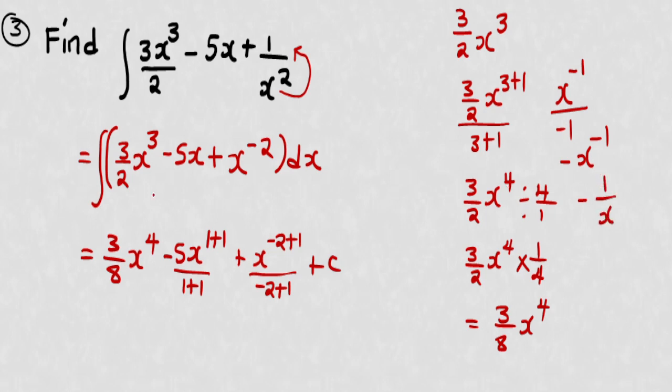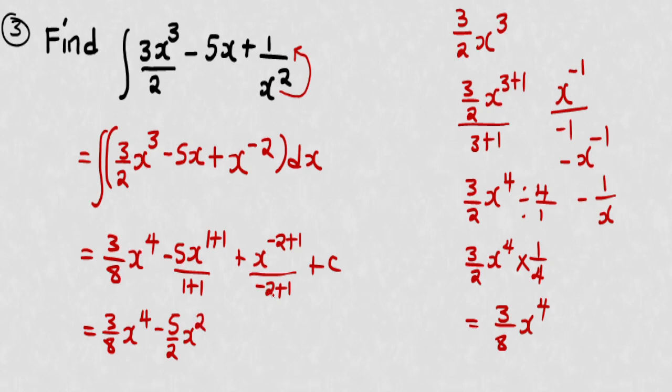So this is going to be equal to 3 over 8 x to the power 4, then minus 5, then what is 1 plus 1, 2, so 5 over 2 x squared.